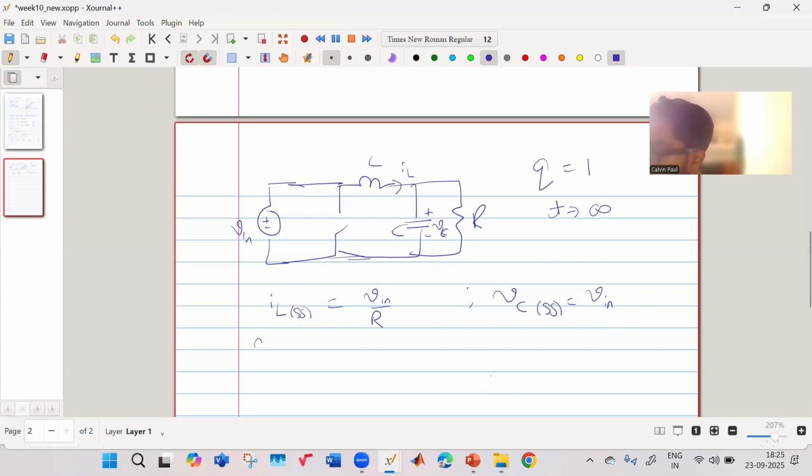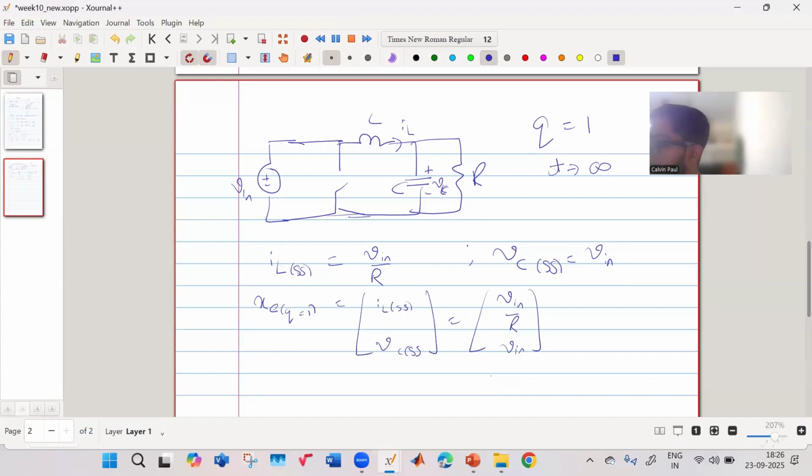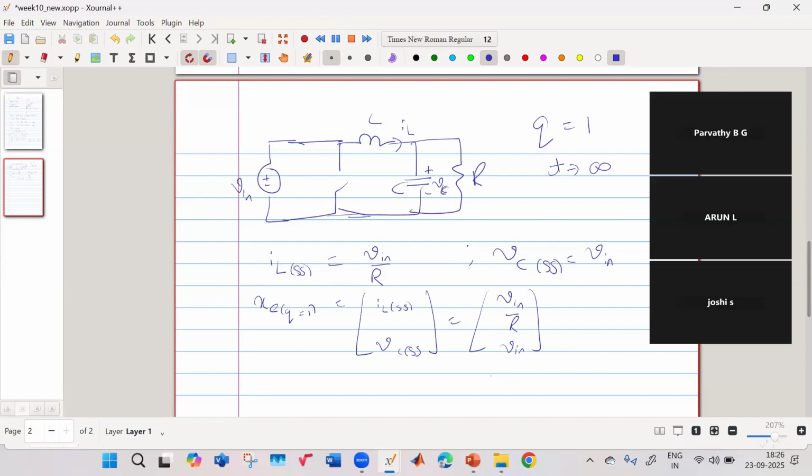So your XE when Q equal to 1, that is your IL steady state and VC steady state, is equal to Vn upon R and Vn. These are your equilibrium points for your states when Q equal to 1. Any queries? Joshi, Parvati, Arun?